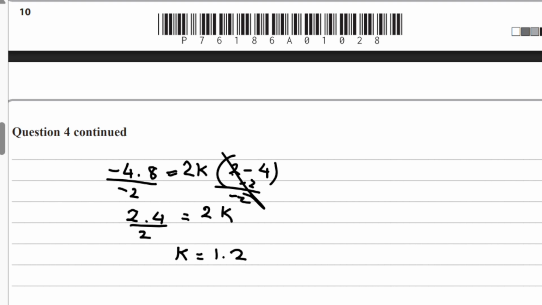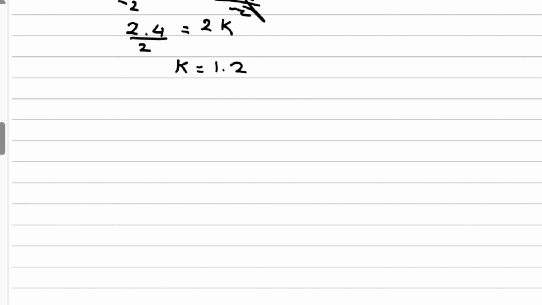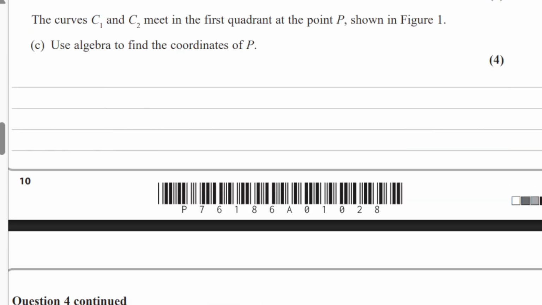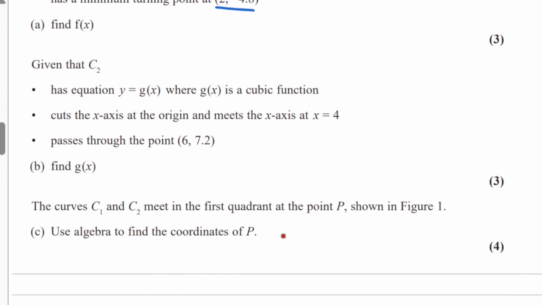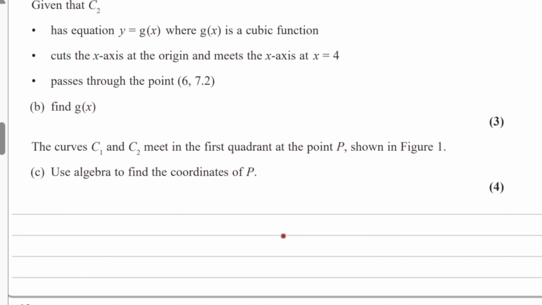That's perfect. If you now just write k back, that's your answer. So your function f of x is 1.2x(x minus 4), and I think that's 3 marks. Good. Now let's look at the second one.